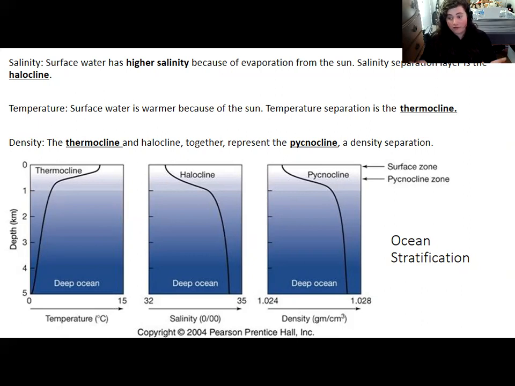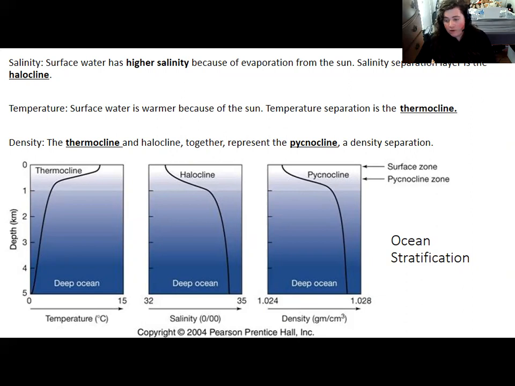The fact that the sun heats the water only very effectively at the surface means the surface water is a lot warmer than the deep water. If you dive, you notice that the water gets cold very quickly. You can swim down far enough that you notice the sunlight not reaching the lower layers much. And so this produces a boundary known as the thermocline, where you have a temperature difference.